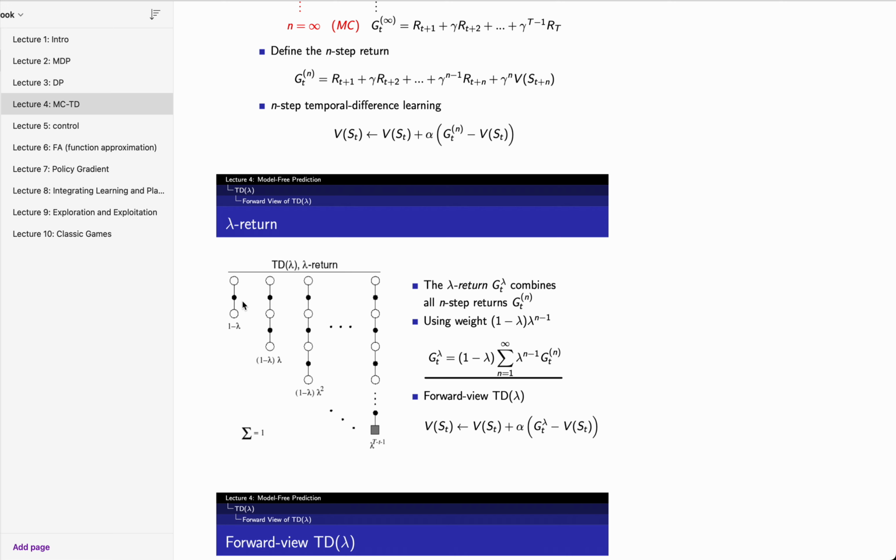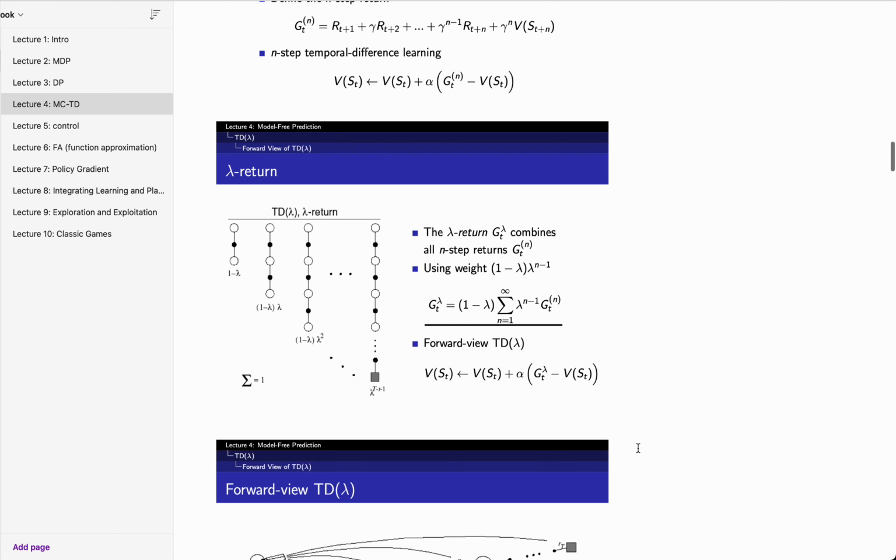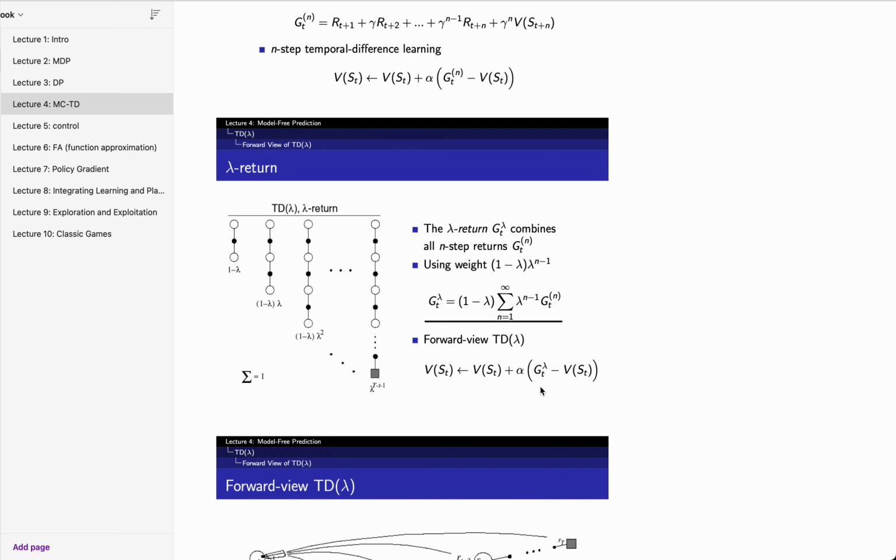I can just multiply by this weight factor and then sum them up. So this is called a forward view TD lambda.